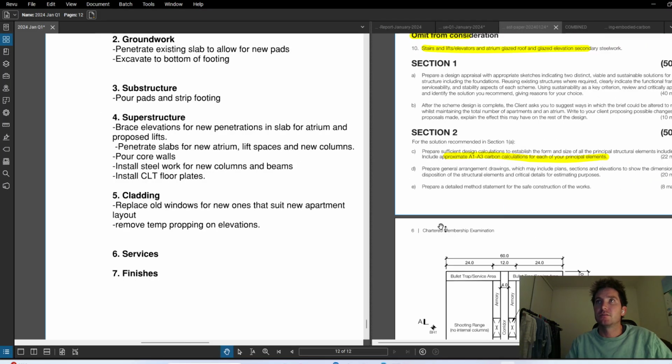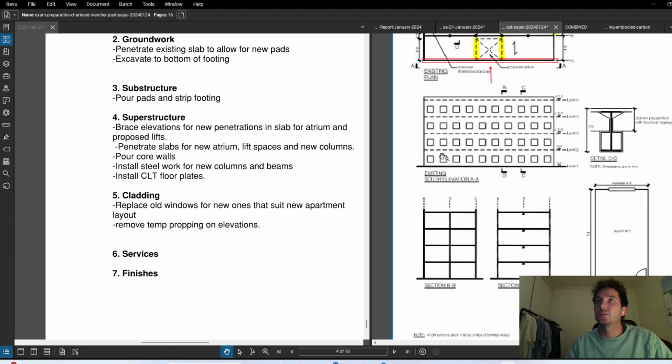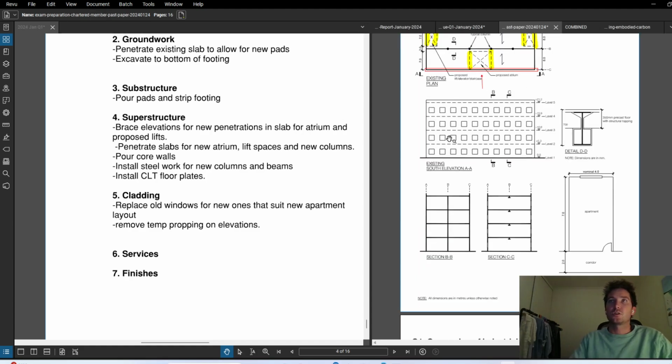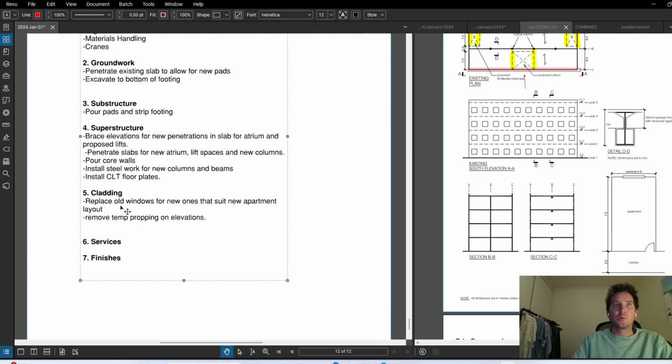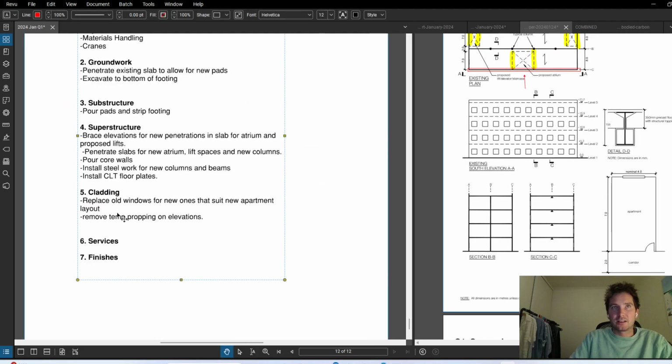And the existing facade, I don't think I had that many windows. No, 4, so the windows essentially have to be taken out and new ones put in. So I'll probably add something around here about like some temporary work that will be required to support that whilst you replace the old windows and add new ones.